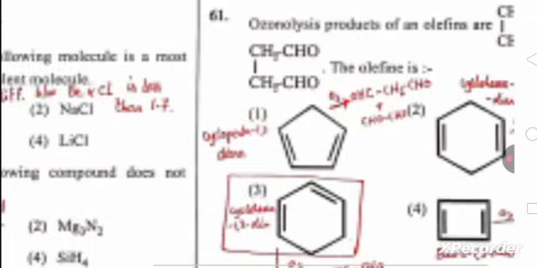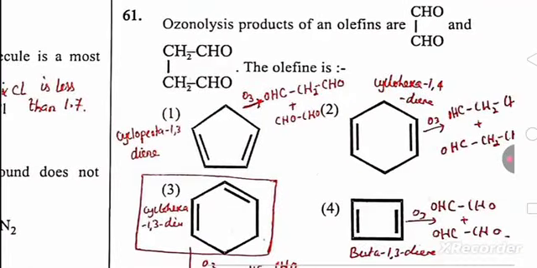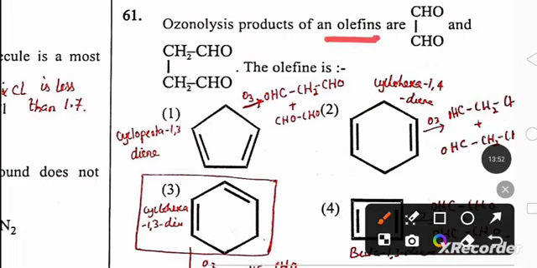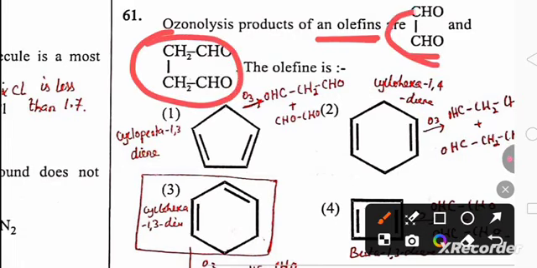Let us move to the next question. In the next question, it is related to ozonolysis. When you do ozonolysis of olefins, we get two products, CHO and this one, two different aldehydes. One has 2 carbons, one has 4 carbons. So definitely, whatever olefin you use for ozonolysis, the olefin must contain 6 carbon atoms.